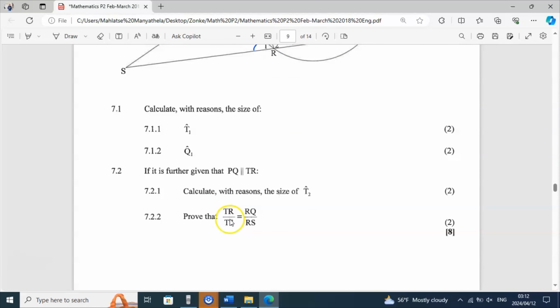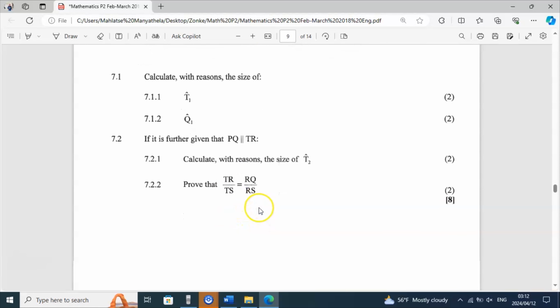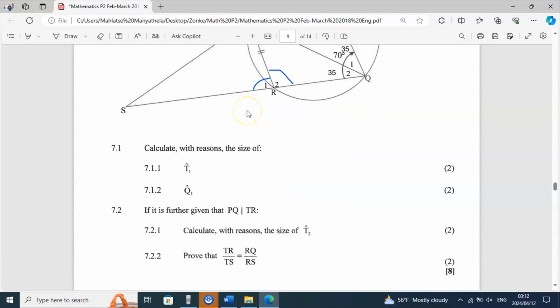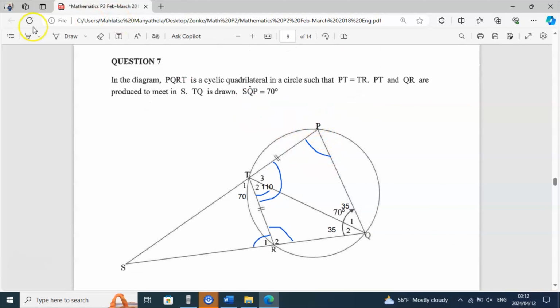It says prove TR over TS equal to RQ over RS. We are going to use the theorem that says a line drawn parallel to one side of a triangle cuts the other two sides so as to divide them in the same proportion. So they're saying TR.